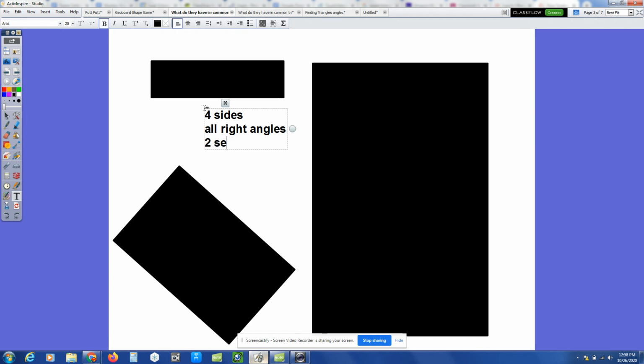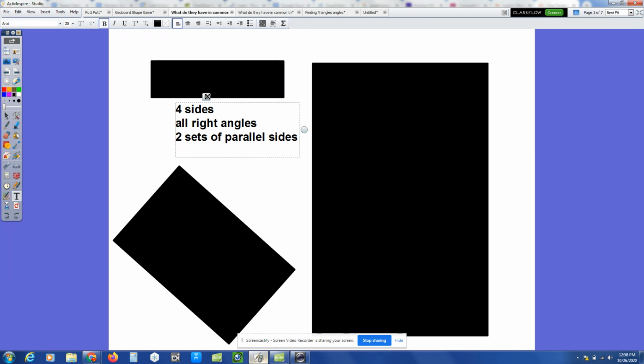They have two sets of parallel sides. And their sides are not the same.